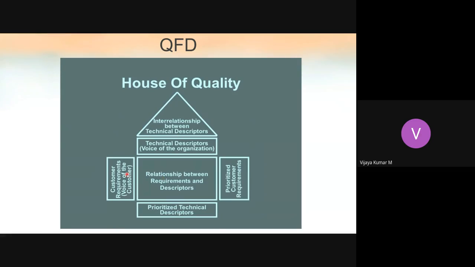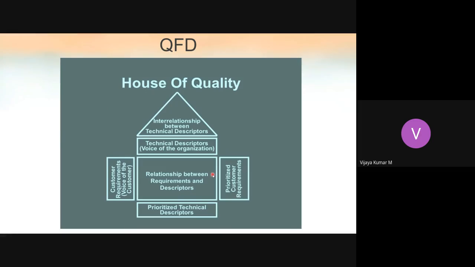There is a relationship between customer requirements and technical descriptors here, and a relationship between technical descriptors at the rooftop. Basically, it looks like a house. That is why we call it a house of quality, right?